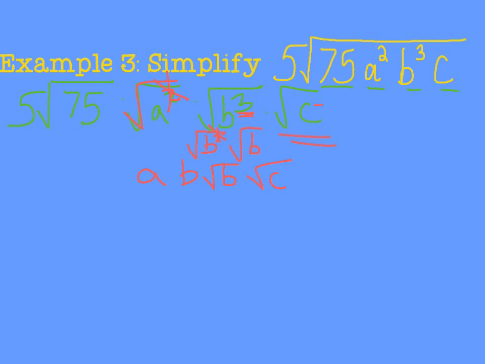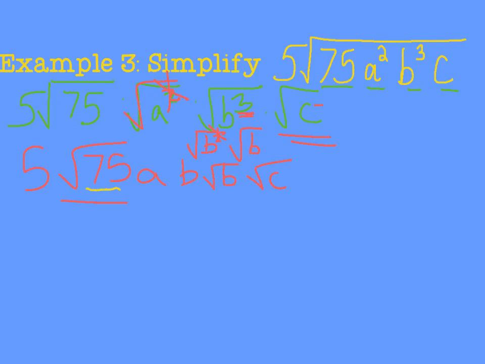Now, what is the square root of 75? If I go to my calculator, I can type it in and I get a decimal, and that's no good. We don't want a decimal. So we're going to now look to break down the square root of 75. Like from 2 videos ago, we're going to be simplifying radicals. Find a perfect square within 75.